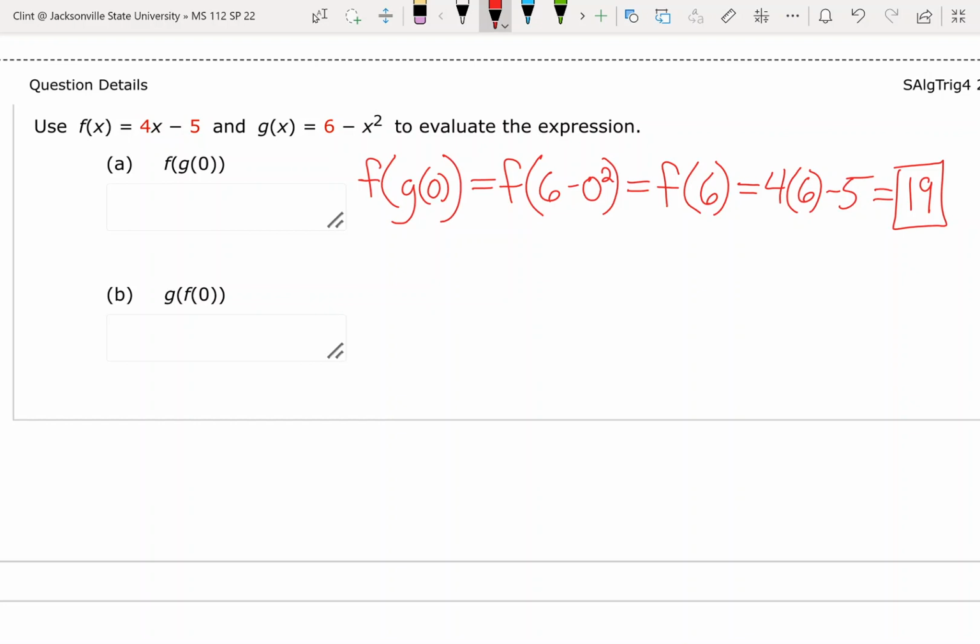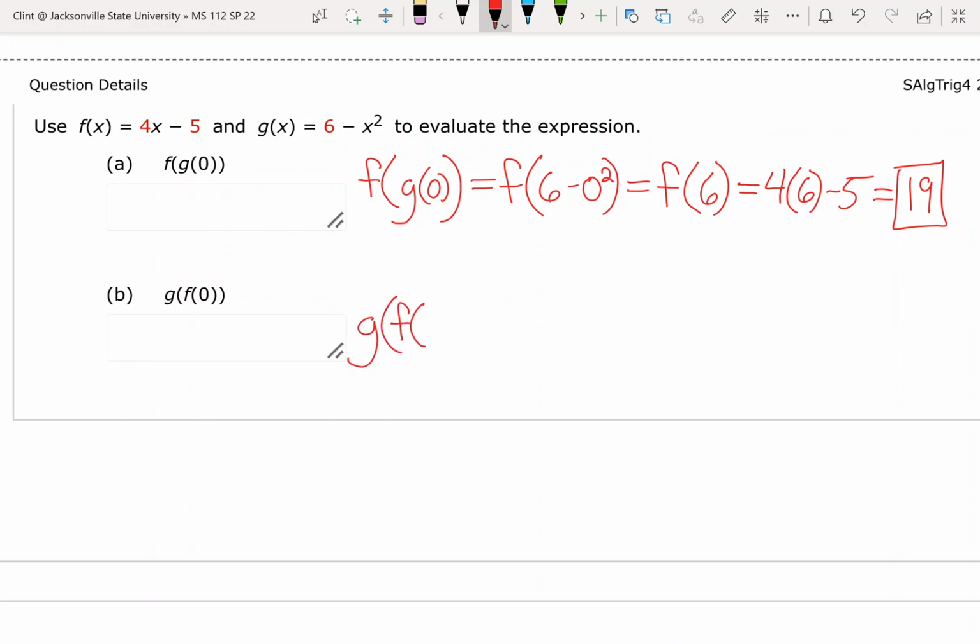So then this says we take 6, and we're going to plug it into x here. So we get 4 times 6 minus 5. That's 19.